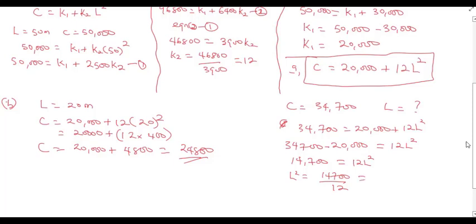So we are going to punch this in our calculator. 14,700 divided by 12 gives us 1225. From here, L will be the square root of 1225. And when you do this, you are going to get L to be 35 meters. Sorry, here are supposed to be our units.